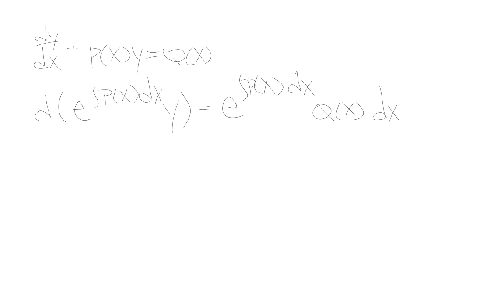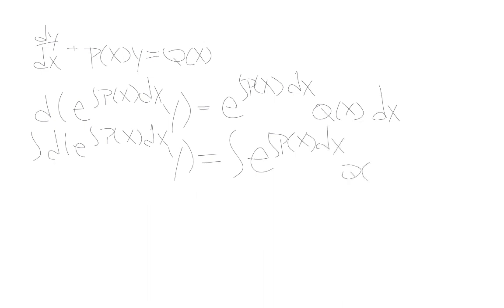And if I wanted to integrate both sides, well, the integral of a differential is just the function, and this right hand side of the equal sign, I really can't simplify because it's so generic and theoretical that it is what it is, but it would just be the integral of all of this with respect to x.